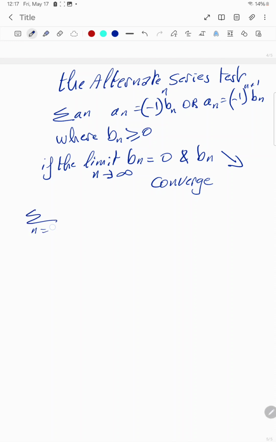Sum, n going from 0 to infinity, of (-1) to the power of n minus 1 times n square. So here when I said n plus 1, it can be n minus 1, whatever. And here over n square plus 3.